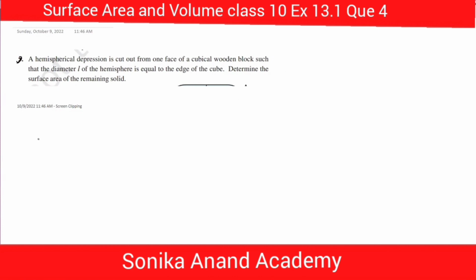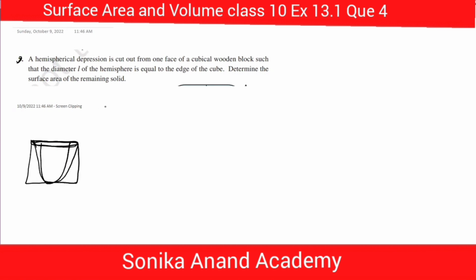But here this is actually the formula based question. Now here again we have the cubical block, and there is a hemisphere which is cut down, and this hemisphere is of the same radius. Clear? We have to find the remaining surface area of this solid.